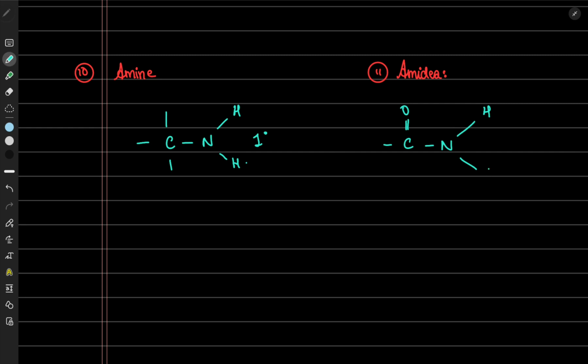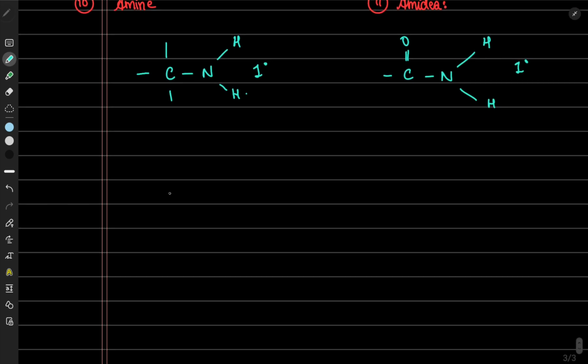If this has two hydrogens attached to it, this is a primary amine. But what if this nitrogen has one hydrogen and one carbon? Then it is known as a secondary amine, right? Similarly here, it would be known as a secondary amide, right?